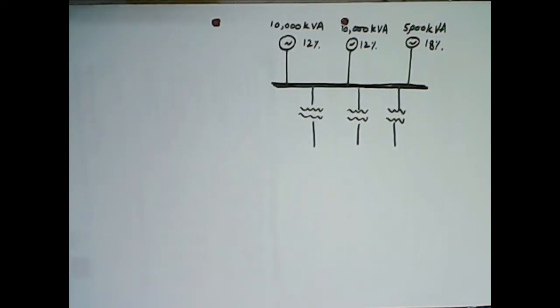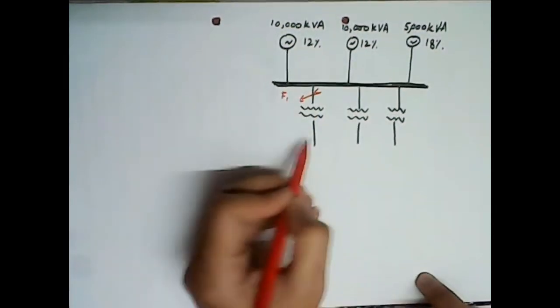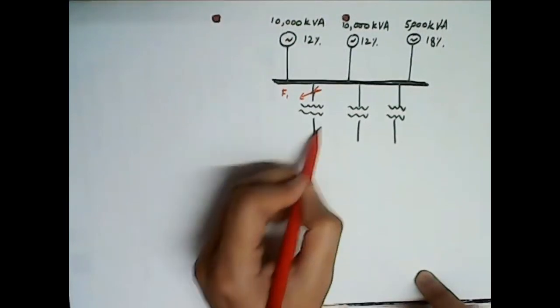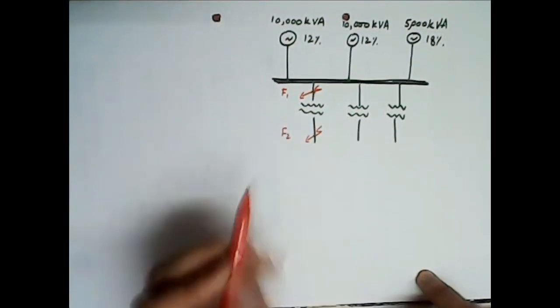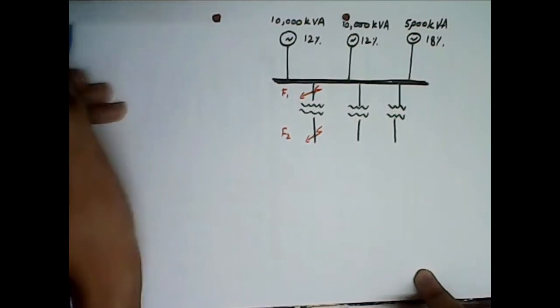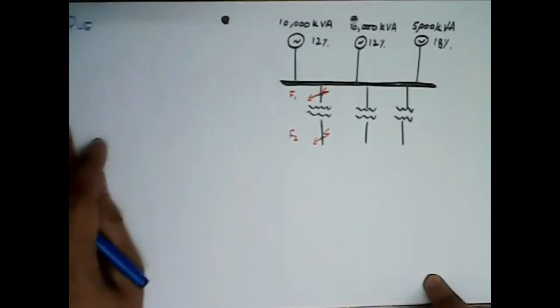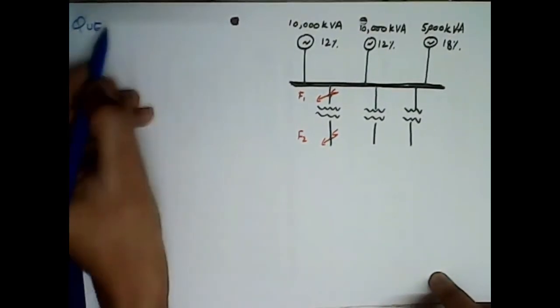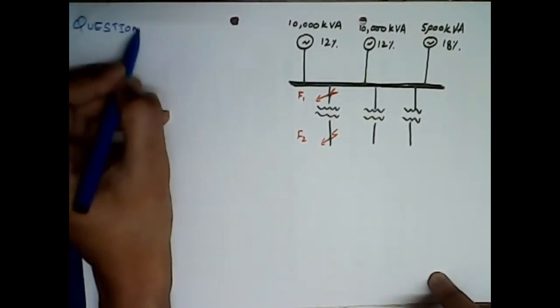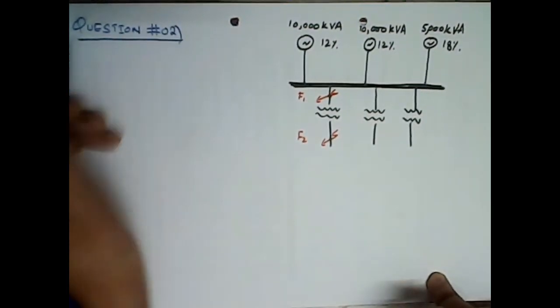So the question asks what will happen if a fault occurs at the LV side, that is if a fault occurs at F1, and if a fault occurs at F2. So basically we need to find the short circuit power. This is question number 2, and it says what we need to find.